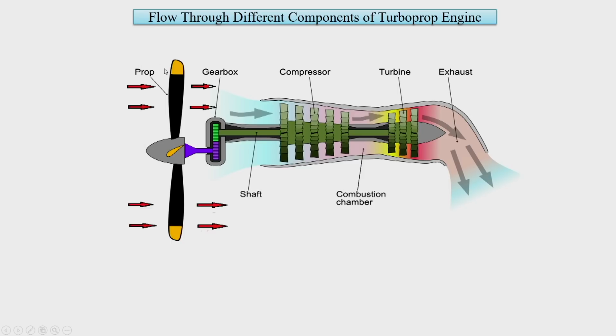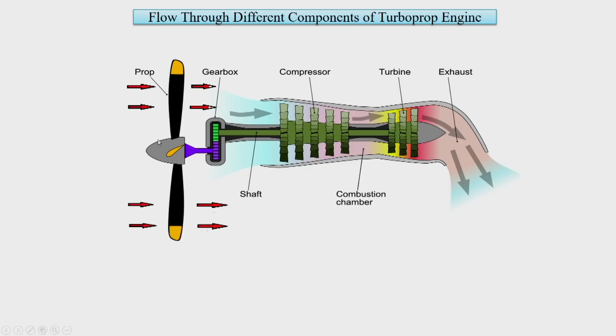So practically, in case of turboprop engine, there would be a propeller, which is basically the driving or propulsion mechanism for getting thrust. This needs to be rotated. Since it needs to be rotated, first air would pass over it, then it would get compressed, then burnt, and then it would go through the turbine and rotate the turbine.